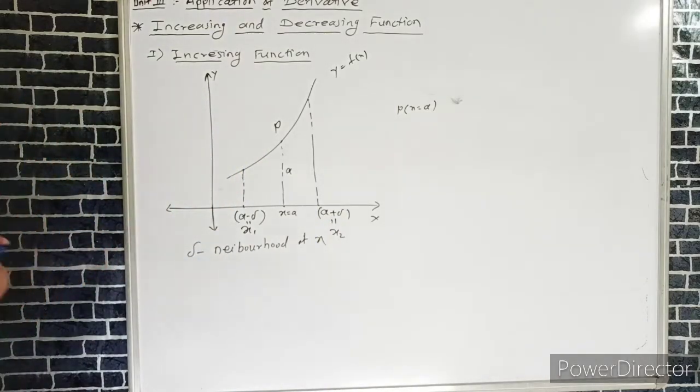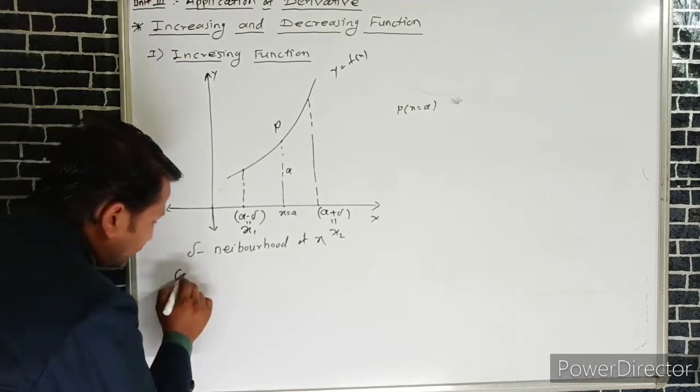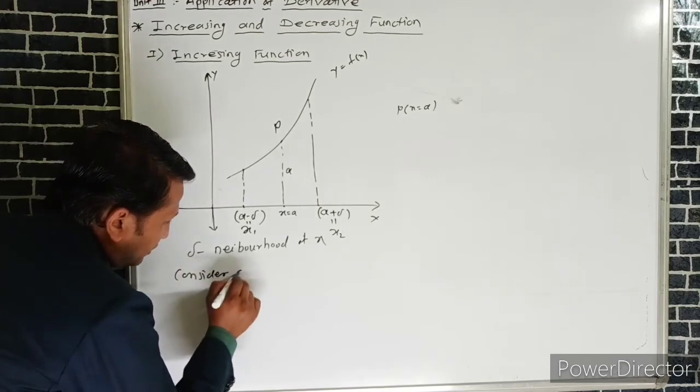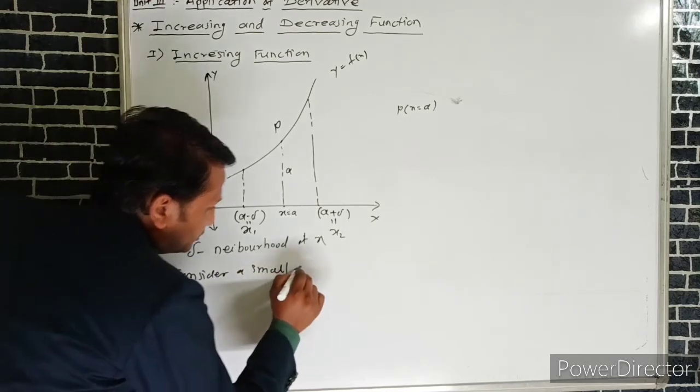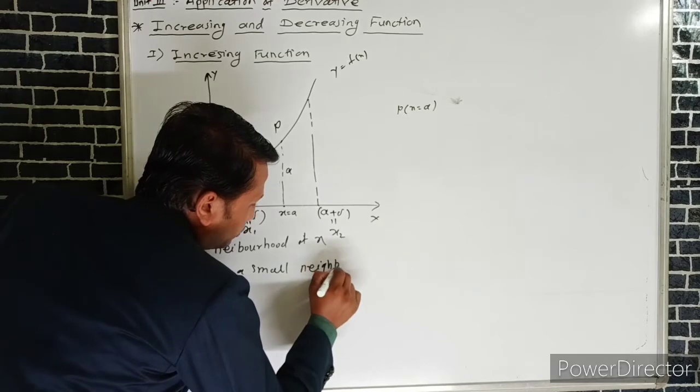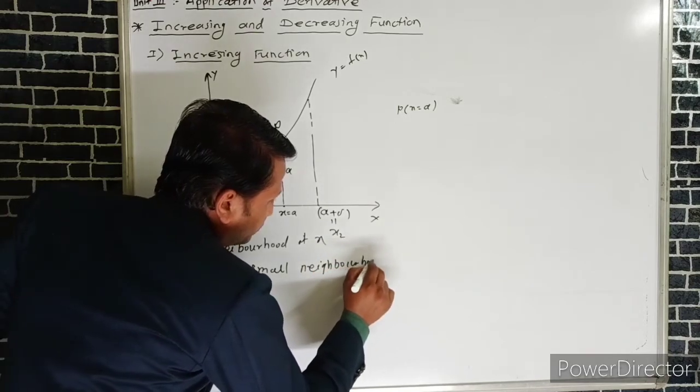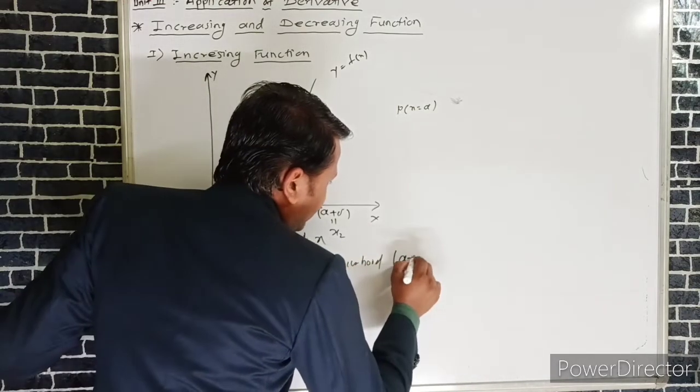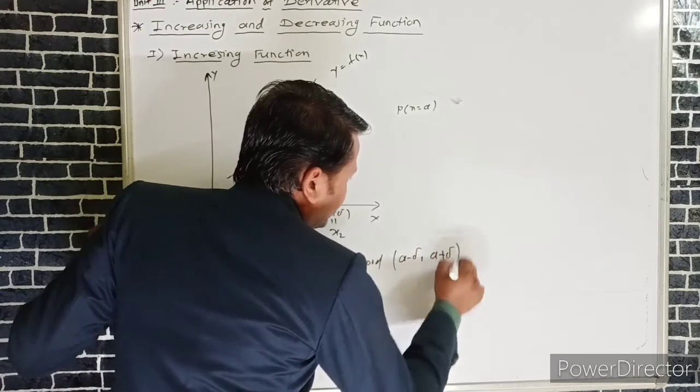So delta is a small neighborhood, and the neighborhood is (a minus delta, a plus delta).